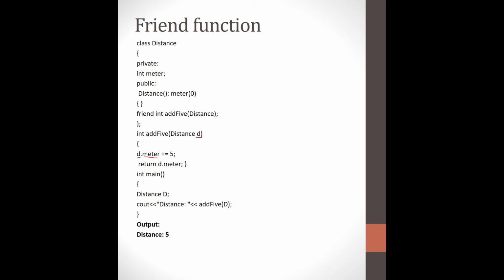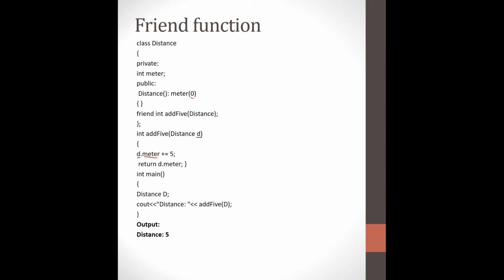So d.meter plus equals 5, what does this mean? It is an arithmetic assignment operator, which means d.meter equals d.meter plus 5. Now return d.meter. Already you have mentioned that the meter is going to be 0, so 0 plus 5 will give you an answer of 5.